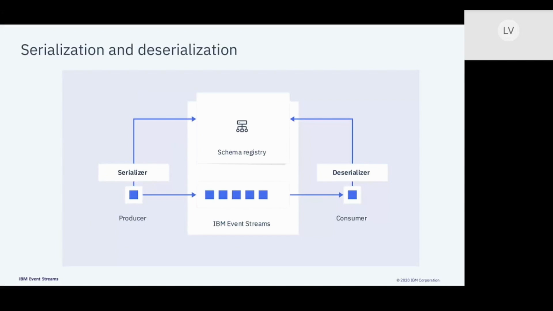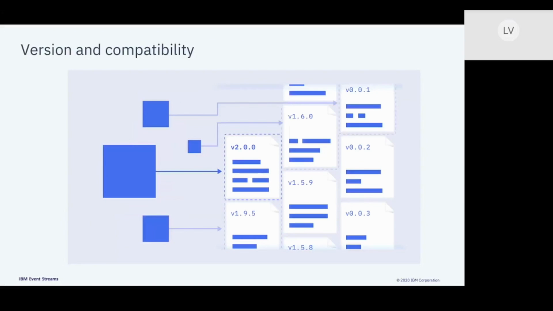And like this, whenever you have the schema and any subsequent version of the schema, Event Streams can manage these different versions and send some issue or some warning to any application that wants to leverage a not up-to-date version of the schema, for instance. There is a warning process for this.